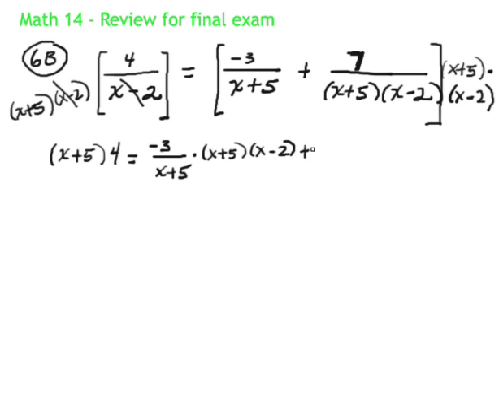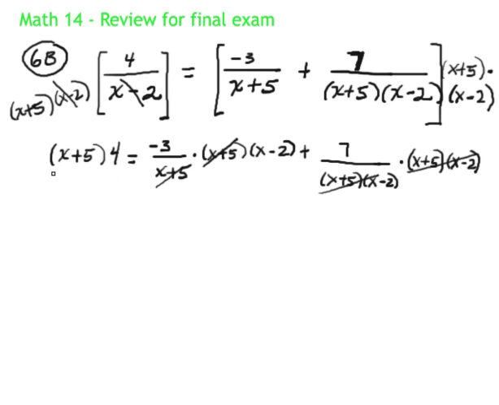And then we have 7 over x plus 5 times x minus 2 times x plus 5 times x minus 2. All right, let's start canceling now. This x plus 5 in the denominator cancels with this. And here, x plus 5 times x minus 2 cancels with x plus 5 times x minus 2.